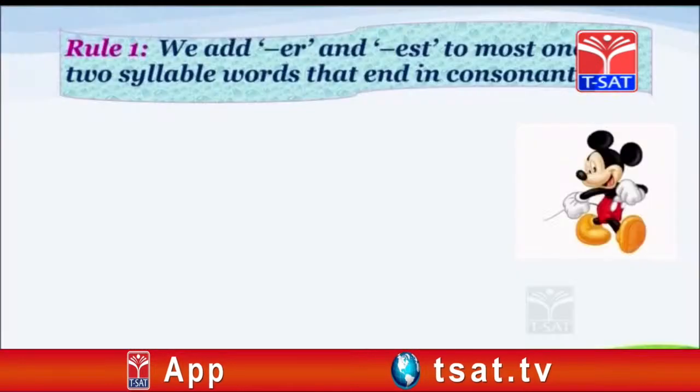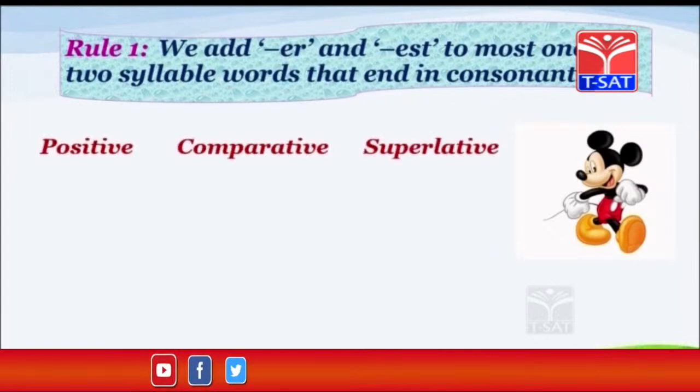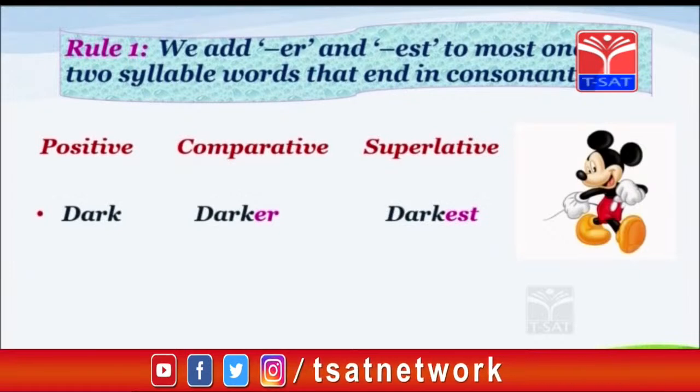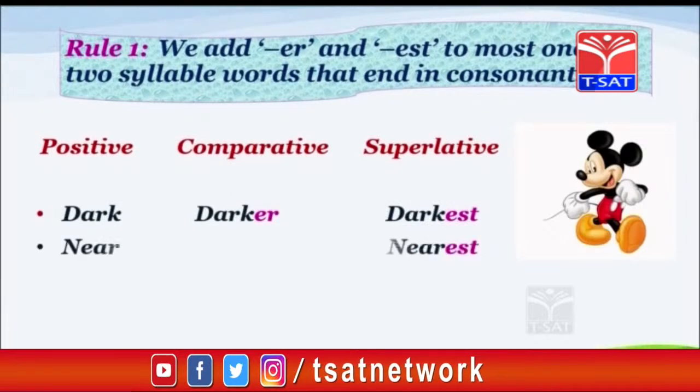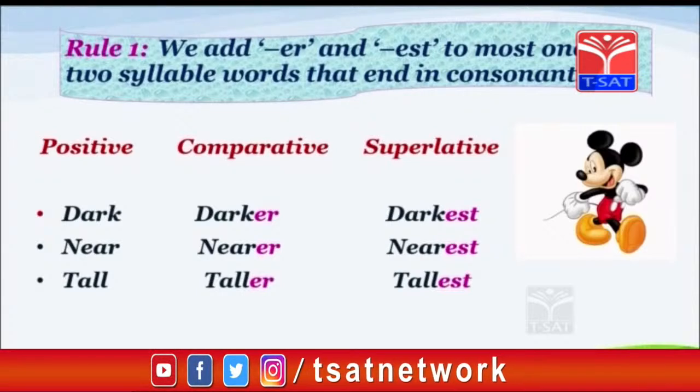Here we are with the rule number 1. Normally, we add ER and EST to most one or two syllable words that end in consonants. Like, if the word in the positive degree is dark, when it comes to comparative degree, it becomes darker, and when it comes to the superlative degree, it becomes the darkest.